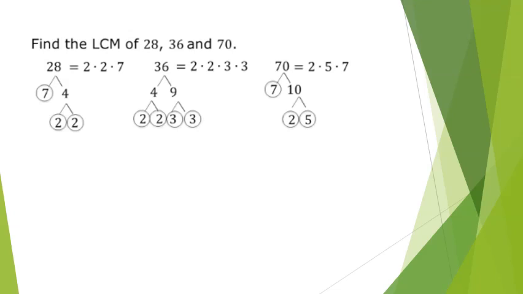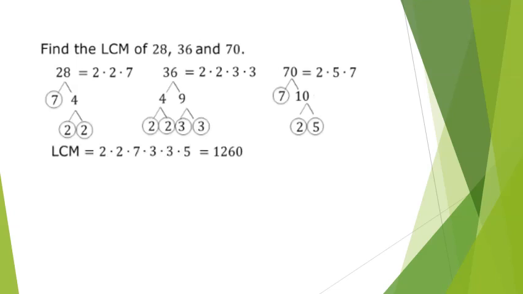Now I'm going to give you step 2. Step 2 is now we have to find the least common multiple. We're going to take the primes of 28 and just bring them down: 2 times 2 times 7. We're going to use them. So that's where we're starting out. Now we look at our primes for 36.